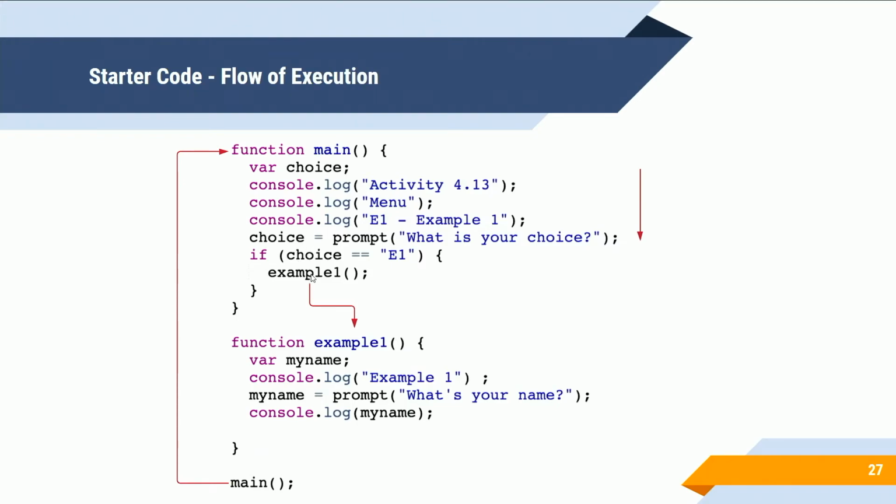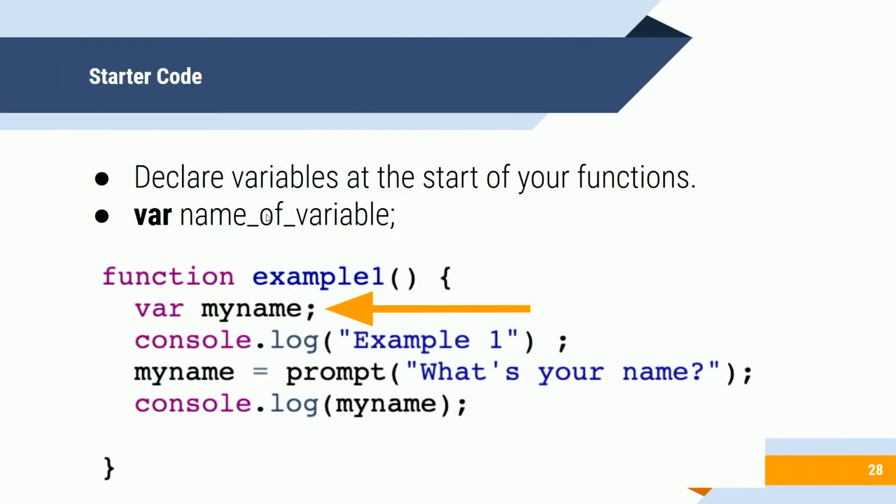When you select your example1 function, it jumps to where you've written your example1 function right over here. So that's called flow of execution. You've seen this before on your Unit 3 exam, for example, and you'll see that in your Unit 4 example too.